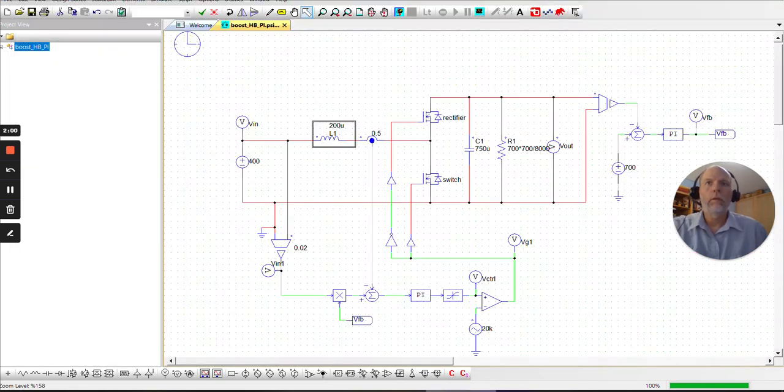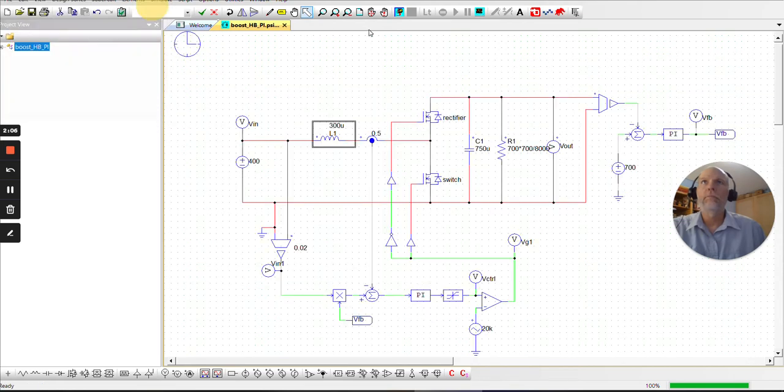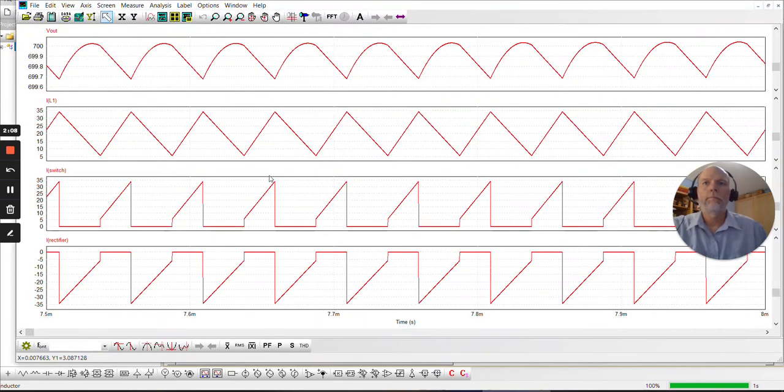Now if we increase it again, we'll go up to 300 microhenries this time. Now we're definitely in a hard switch mode where the inductor current remains continuous, positive, and when the FET turns on, it turns on into a little bit of current.